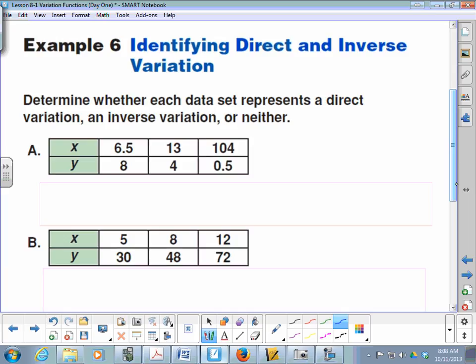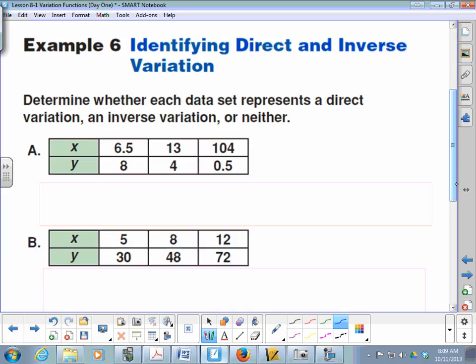Or maybe eliminate and say which one doesn't make sense. In this case, let's look at just the first two. If I divide here, will I get the same number? Is 8 divided by 6.5 equal to 4 divided by 13? Or 0.5 divided by 104?